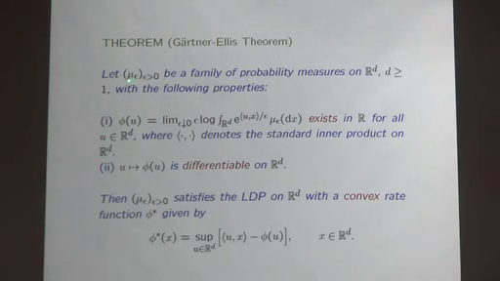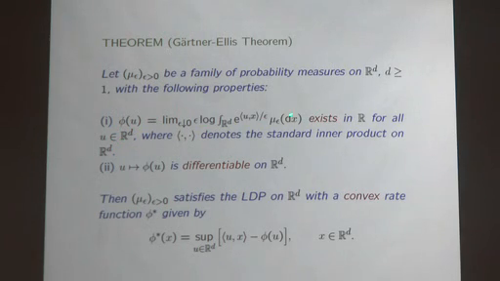So suppose I have a family of probability measures living on this d-dimensional Euclidean space, where the dimension can be any finite number. And suppose I build this integral, I integrate my probability measure against e to the inner product of u and x, where this is just the standard inner product on R^d, and u is some vector in R^d as well.